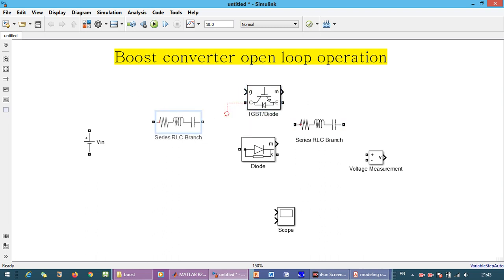Okay, we just make all the connections of the boost converter.